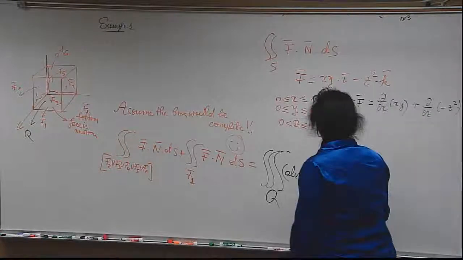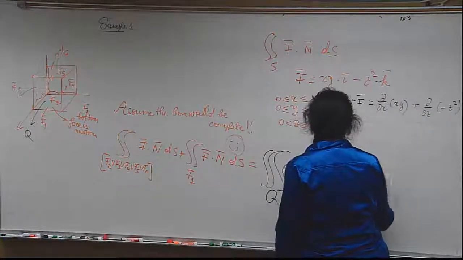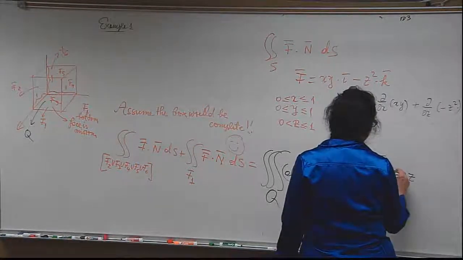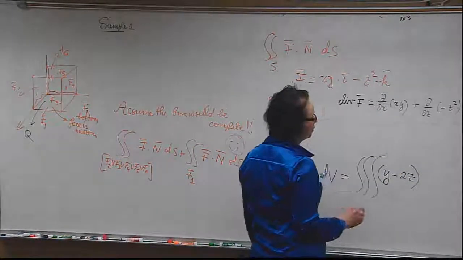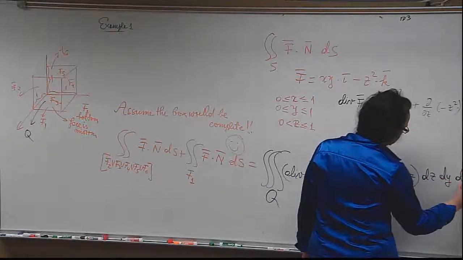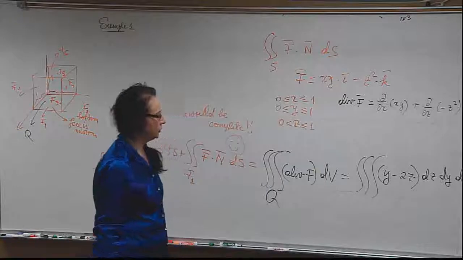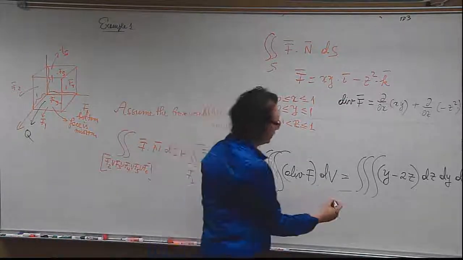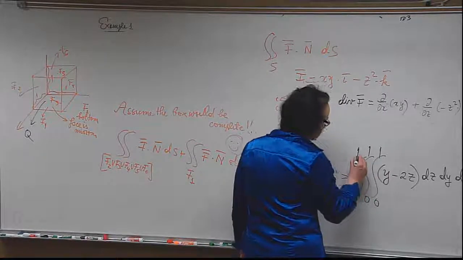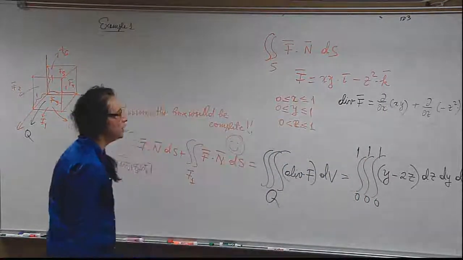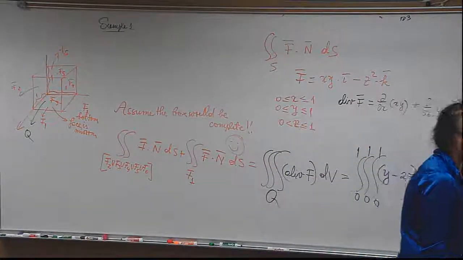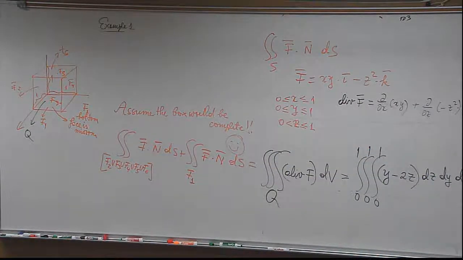If I were to solve the problem, I would have to say triple integral of y minus 2z dz dy dx. I sort of hate a little bit of computation, 0 to 1, 0 to 1, 0 to 1, but this is Fubini's theorem. So is there anybody missing from the picture so I can reduce it to a double integral?